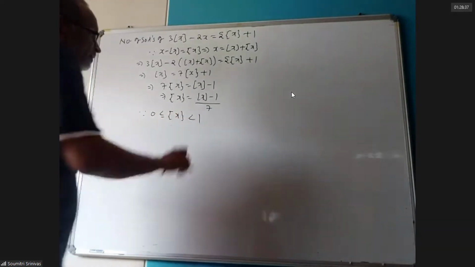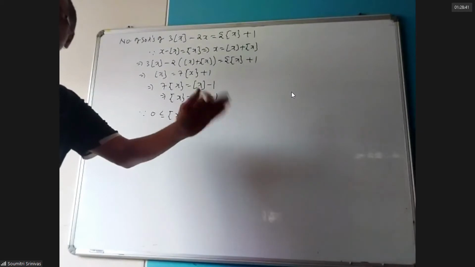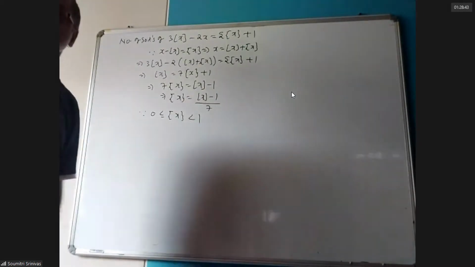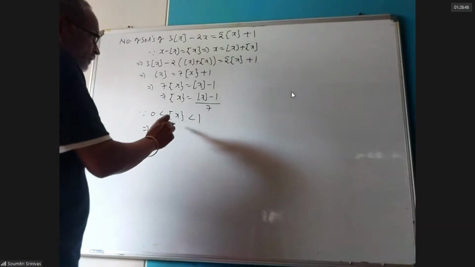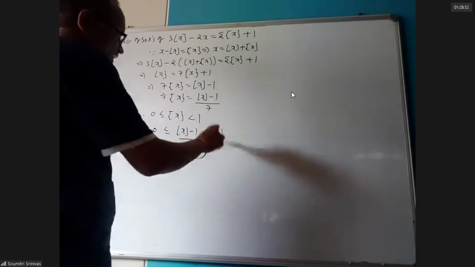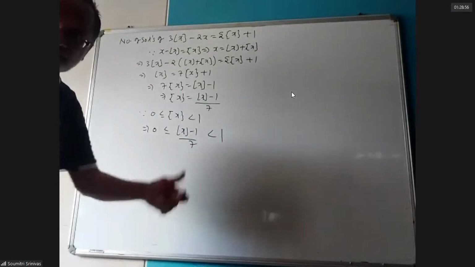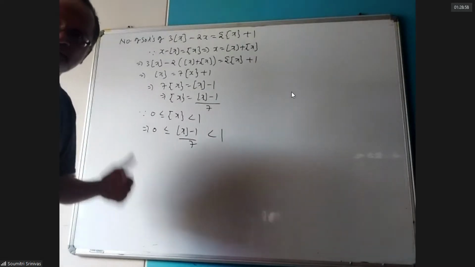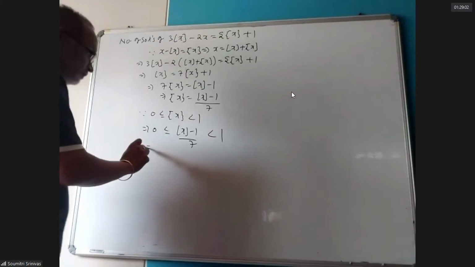Where will fractional part of x lie between? Between 0 and 1. 0 less than or equal to step x minus 1 by 7 less than 1. You will multiply throughout by 7. What does it give you?